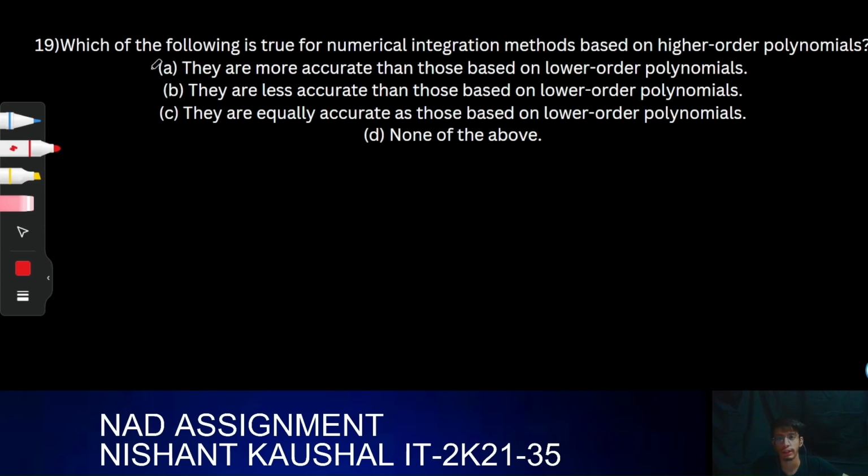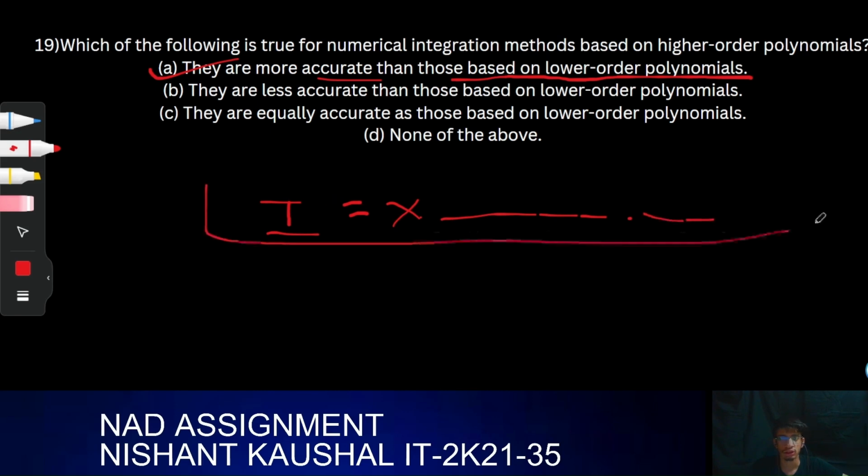It should be A: they are more accurate than those based on a lower order polynomial, because with a lower order polynomial the calculation is easier, but we cannot find the more accurate answer. So it should be A.